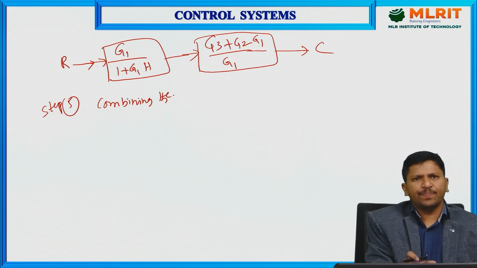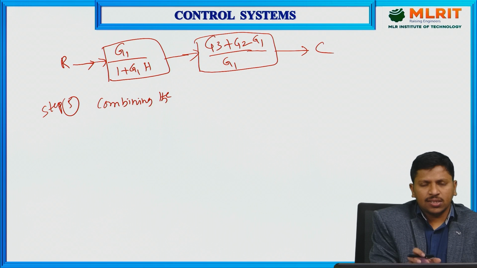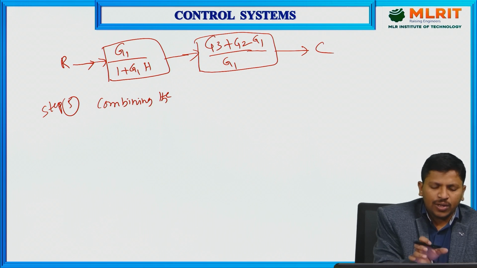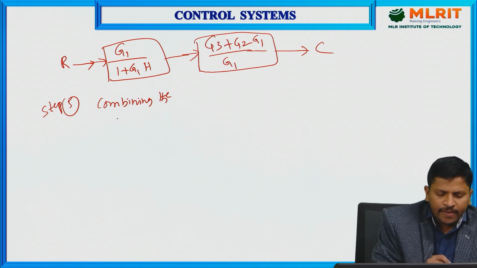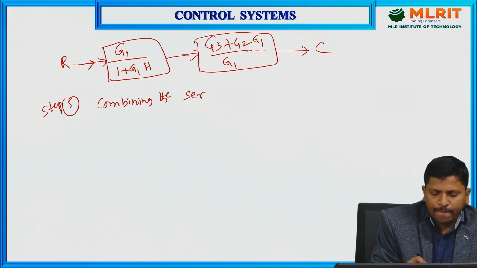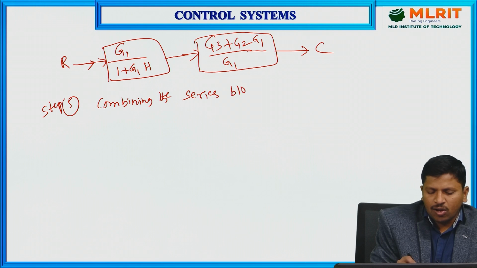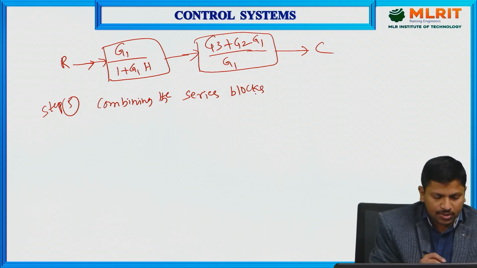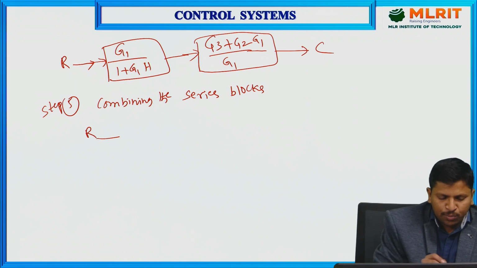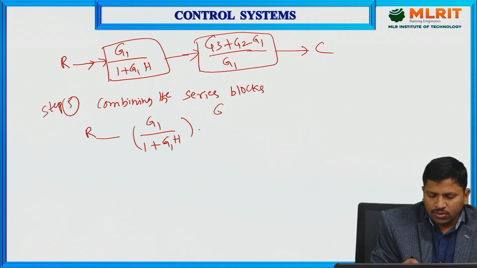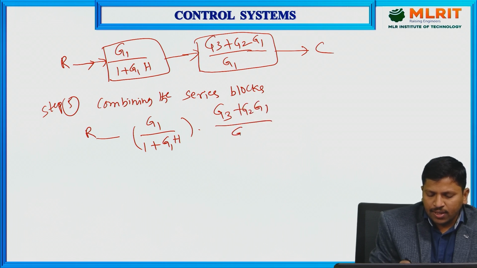Observe these two are in which form? Series form, or cascaded form. So we combine the series blocks into a single block. Combining the series blocks or cascaded blocks, the single block is G1 divided by 1 plus G1 into H, into G3 plus G2 into G1 divided by G1.